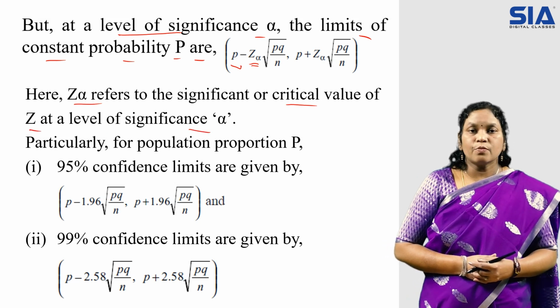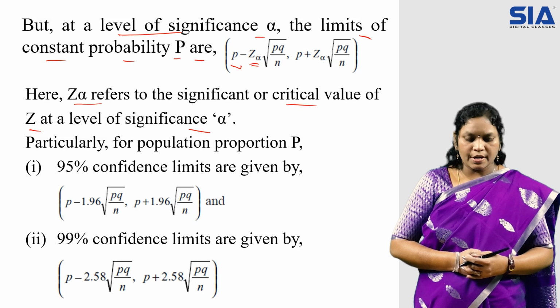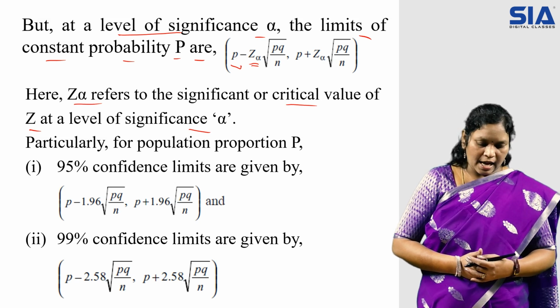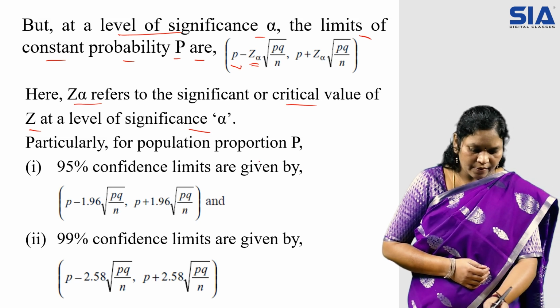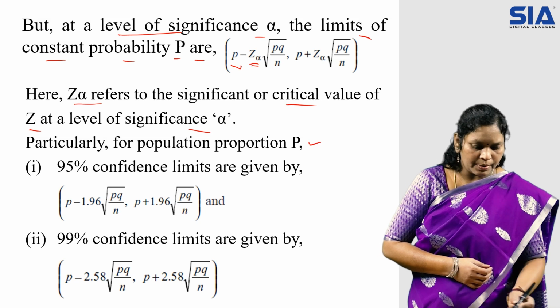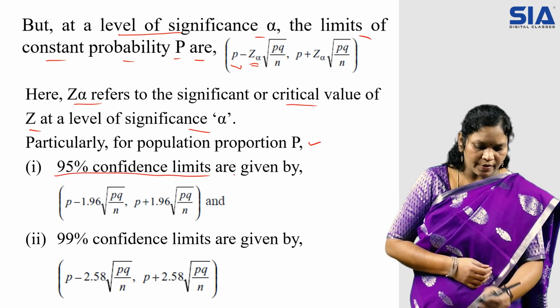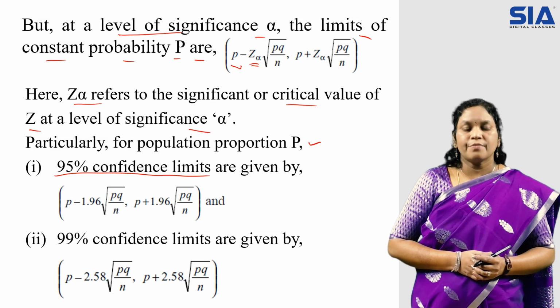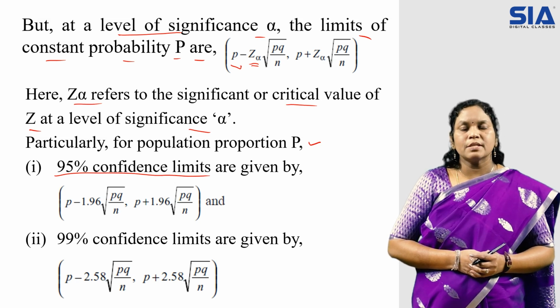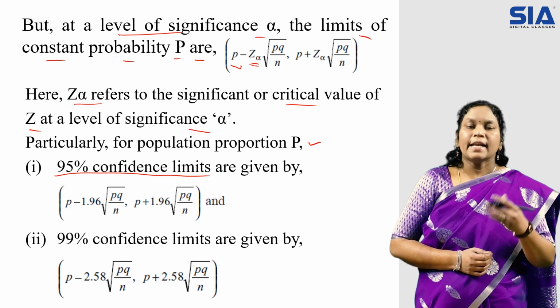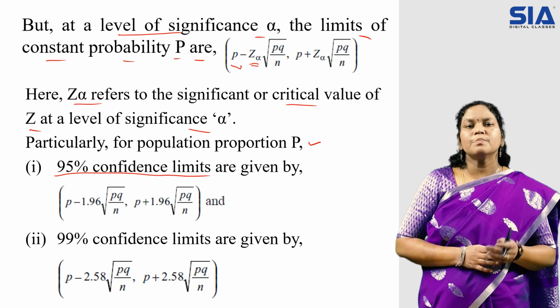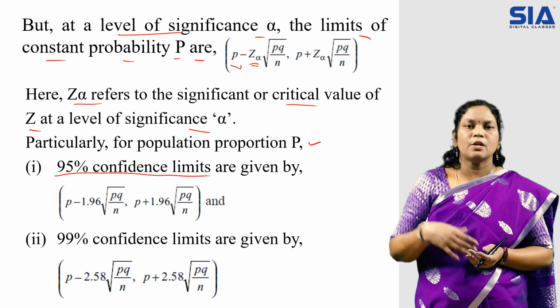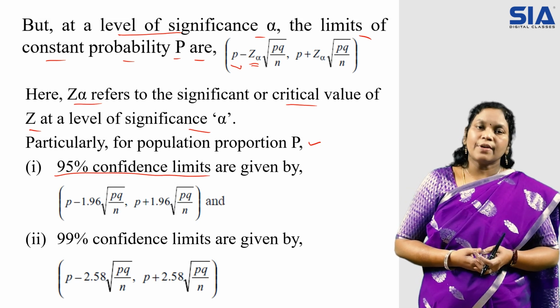So for the population proportion capital P, if we want 95% confidence limits, it will change like this. 95% confidence means the leftover 5% becomes our LOS. So alpha is 5%.